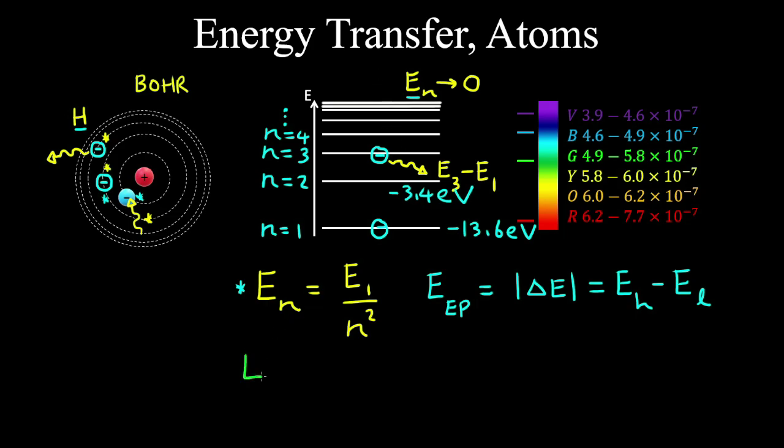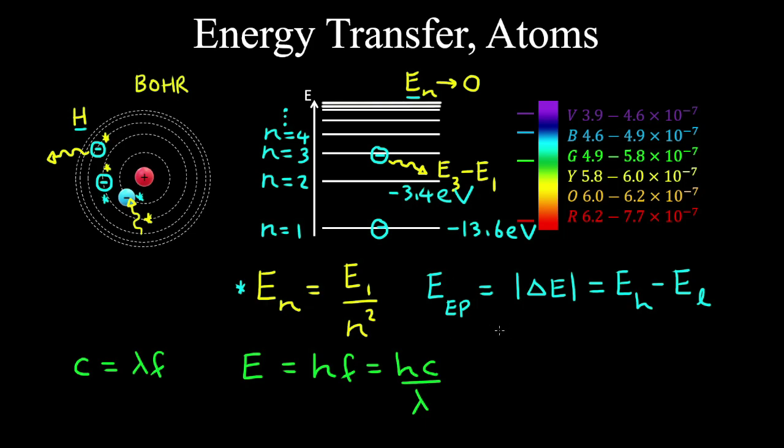So recall that the energy of a photon is Planck's constant by the frequency, and given the speed of light, which is the speed of the photon, is equal to the wavelength by the frequency, then we can write the energy of the photon as Planck's constant by the speed of light on the wavelength.